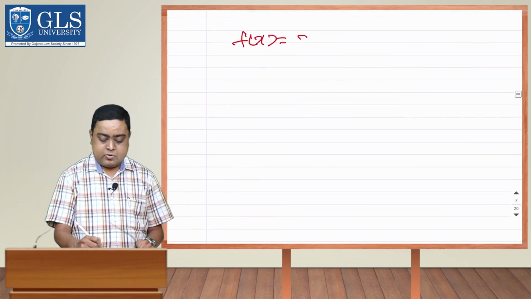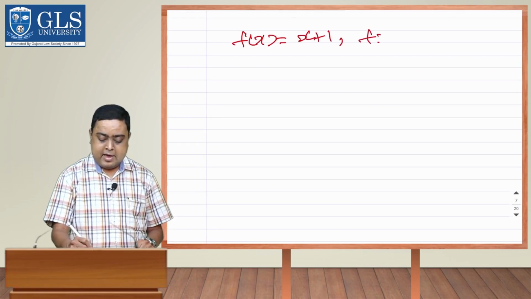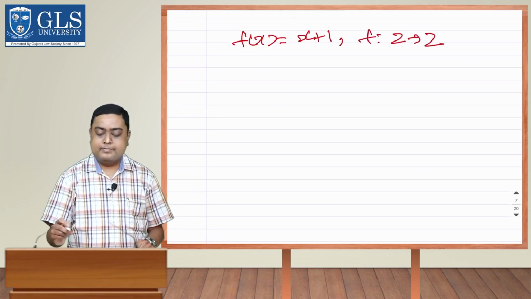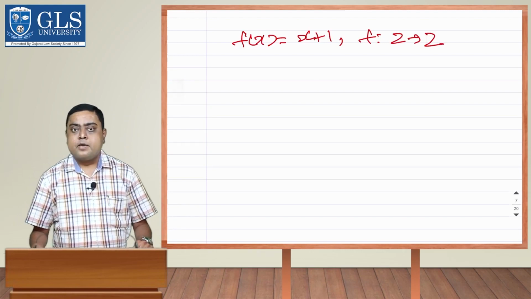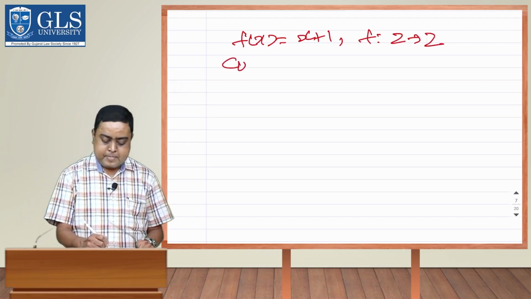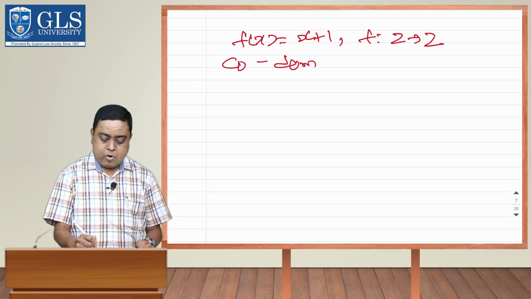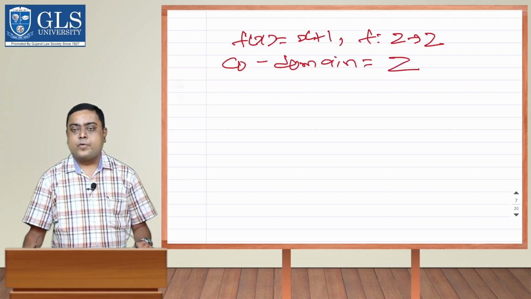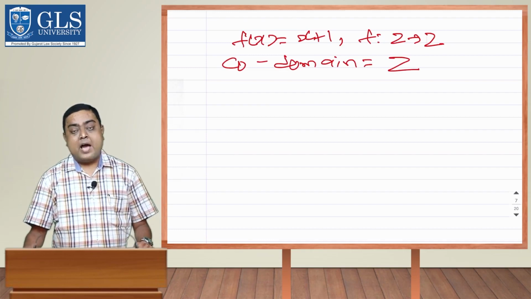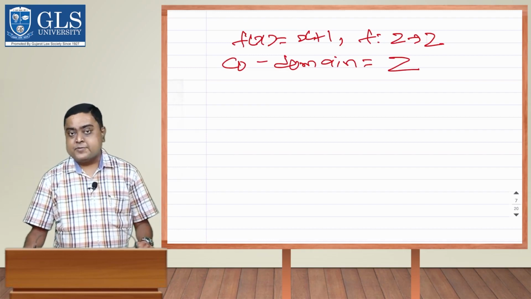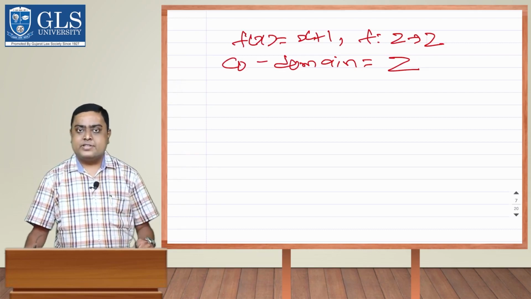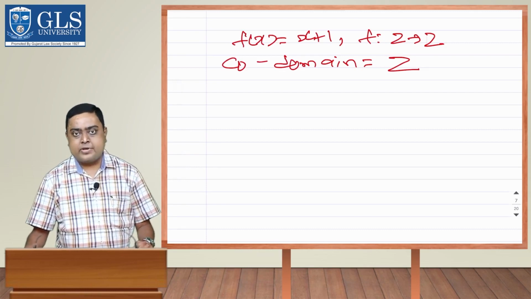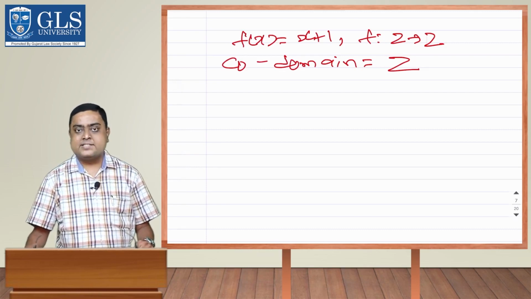In this problem, codomain is Z. Now friends, I will find the range of this function, and if I find it is also Z, then I say that f is onto. So let's find out the range.